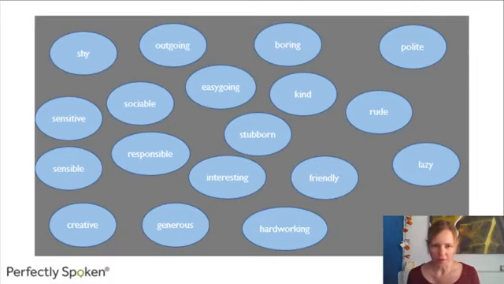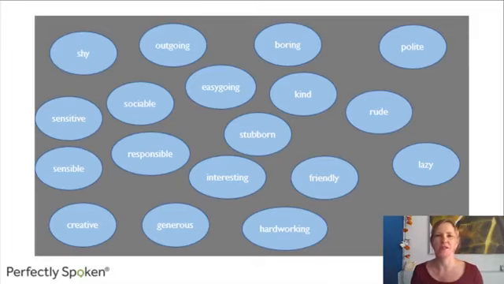Now, don't worry if you don't understand or remember the meaning of these adjectives, okay? Don't worry. Why? Because now I'm going to describe a person or an adjective, and you have to guess which one it is, okay?